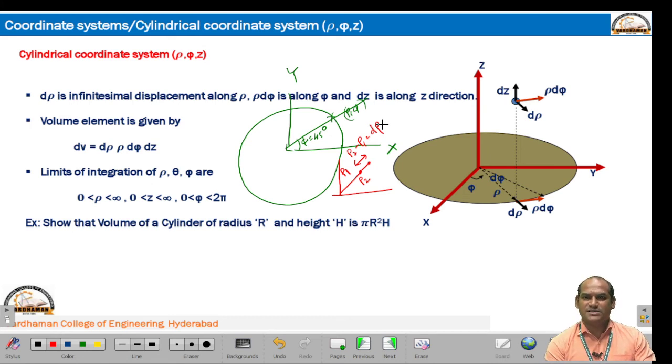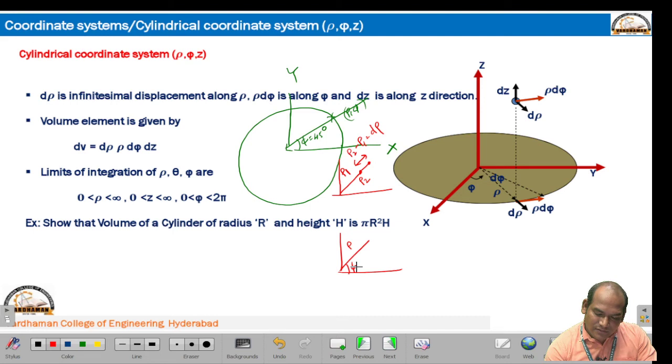It is a distance measured in meters, for example. So, if you have the change in rho, that is also a length, that is also measured in meters only. So, that is d rho. Along with this one, this is rho, along with this one, here some phi is there, phi 1 I will take.